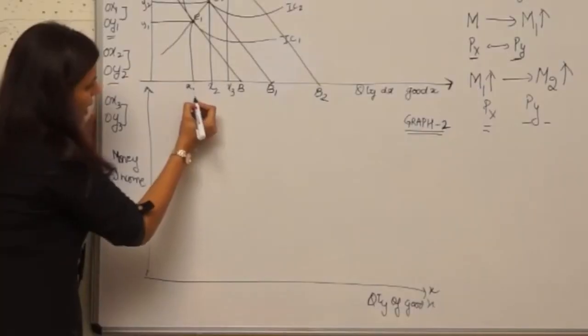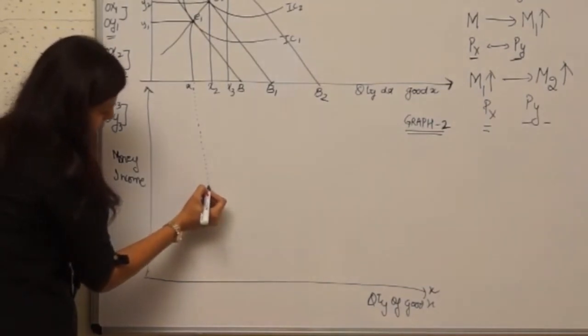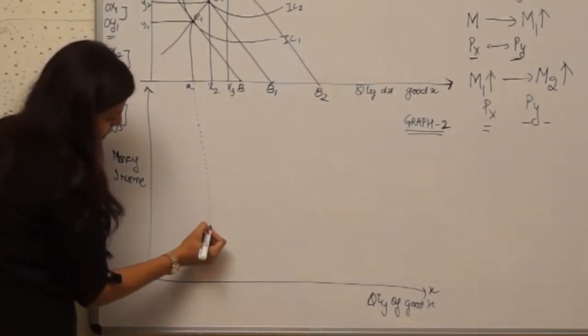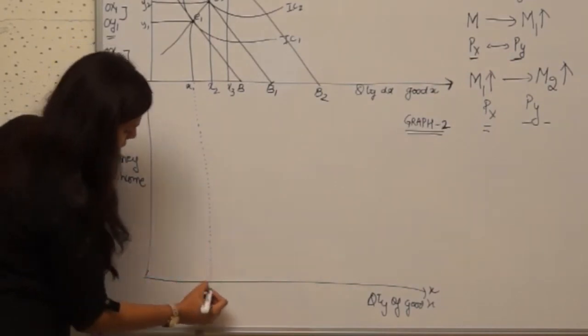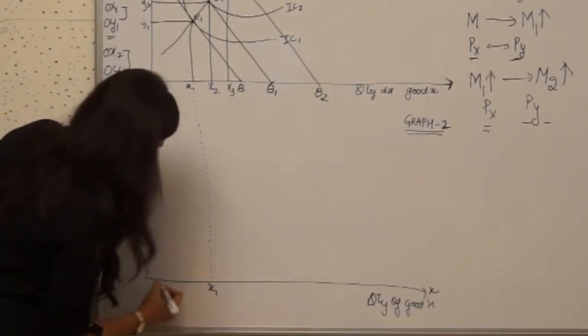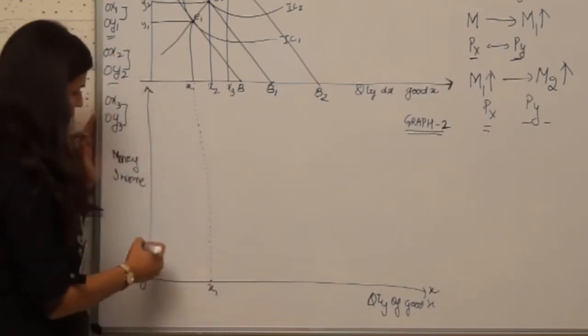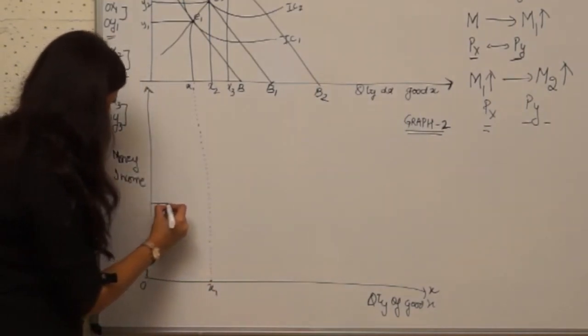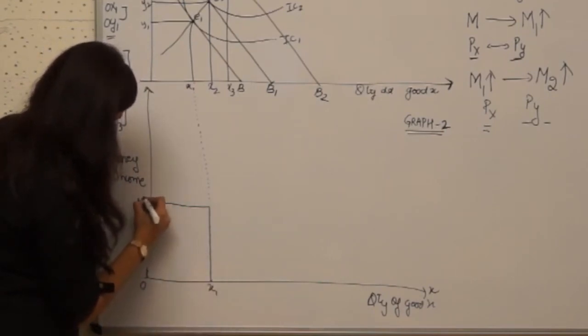We will draw a perpendicular line downwards from graph 1 to graph 2 to plot the equilibrium quantity of X as OX1 at the given money income of M.